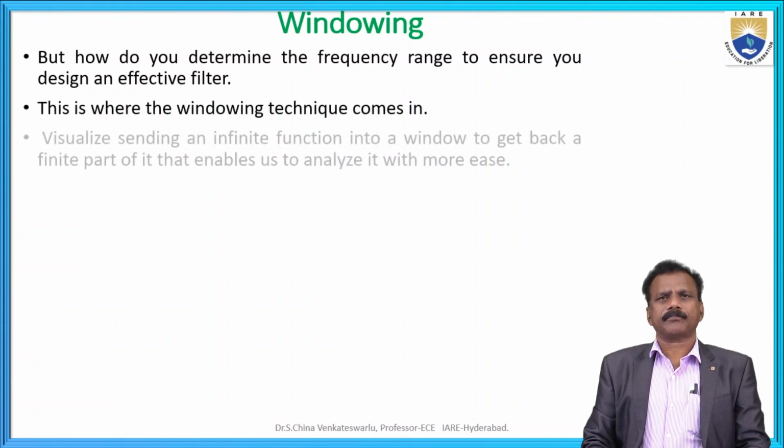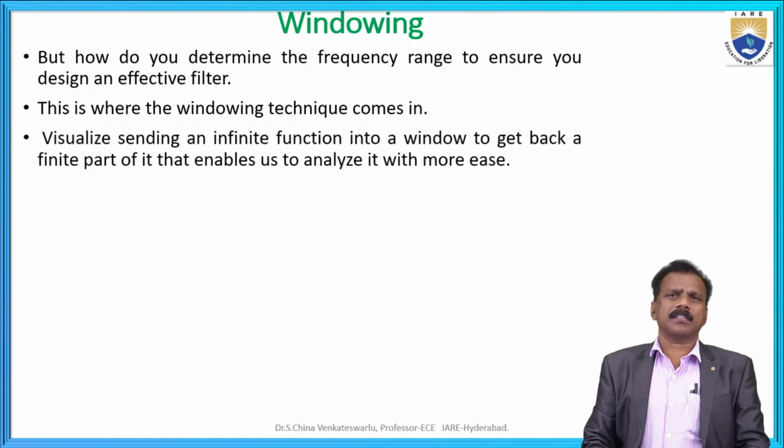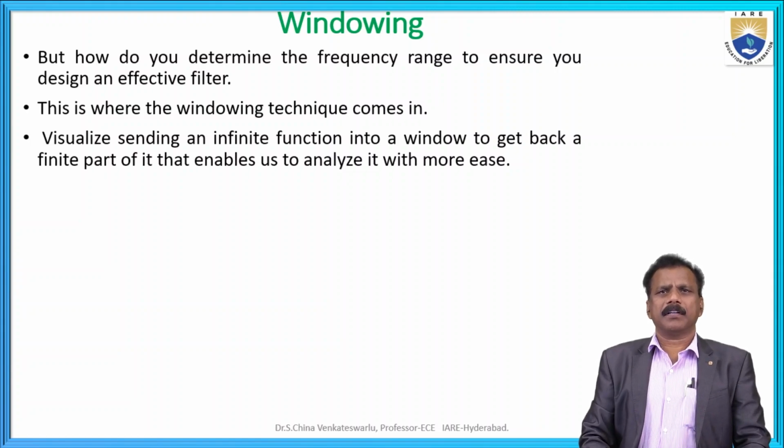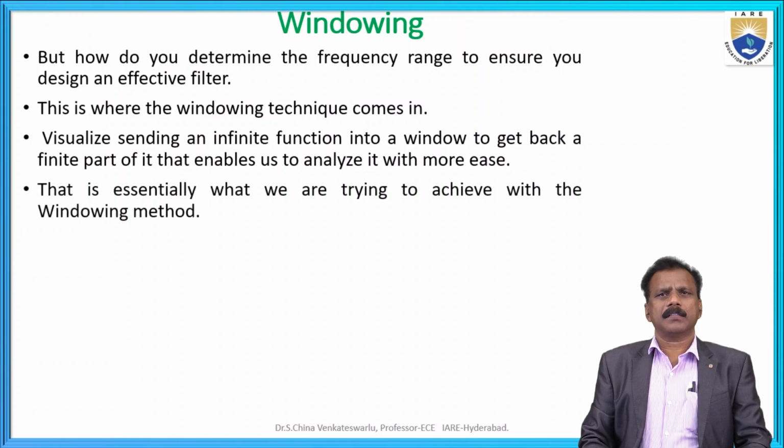We take the infinite function and pass it into a window to get back a finite part of it, which enables us to analyze it more easily. That is essentially what we are trying to achieve with the windowing method, so that after that we can design our FIR filter, the finite impulse response digital filters.